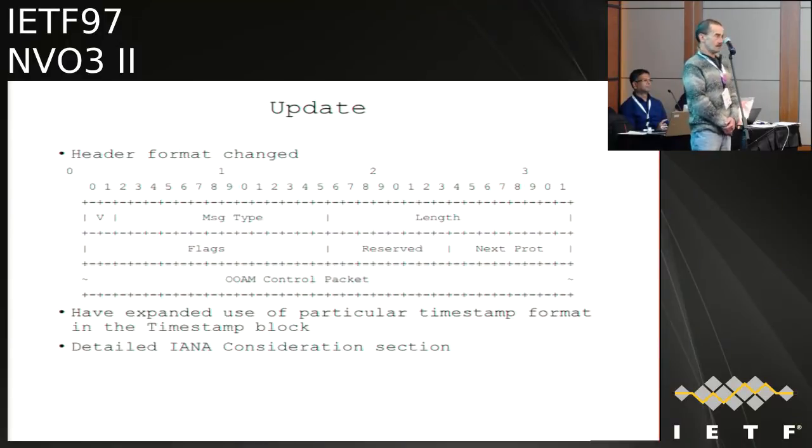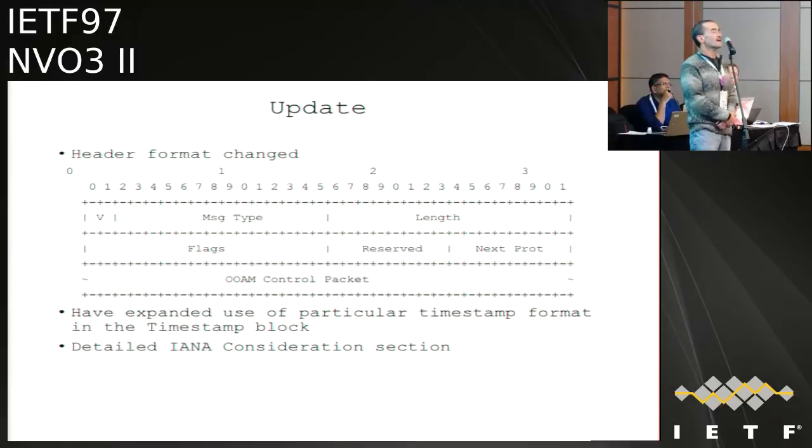Hey, Greg, Frank Brockners. So how would the new header format fit into something like VXLAN GPE? Would you propose this to be a new protocol header in VXLAN GPE, or how do you see it? No, after this, as described, yes, this is an update on version 0. So this is a version 1 update.